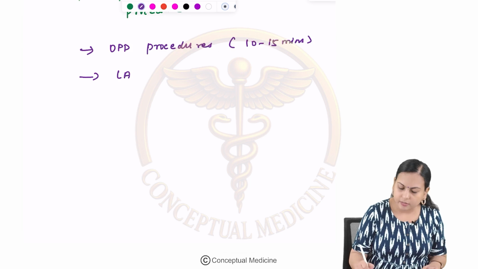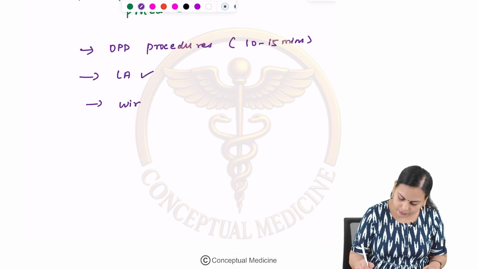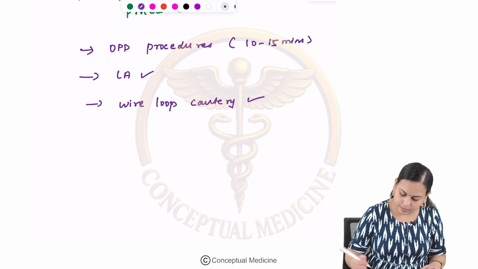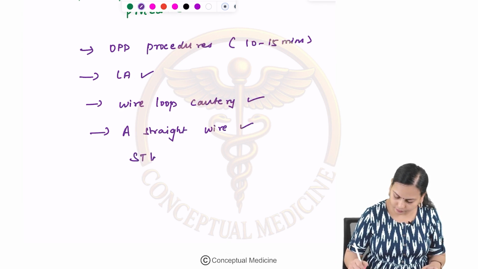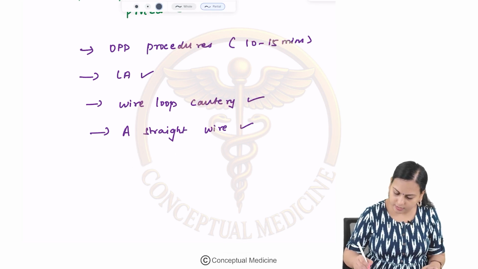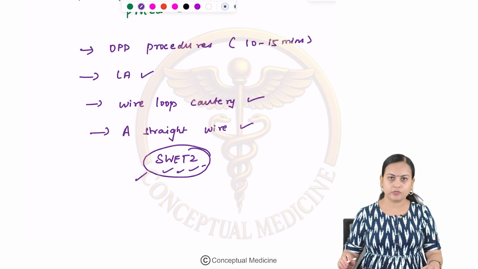If needed, you can give local anesthesia also, and we will use a wire loop cautery. A straight wire can also be used, that will be known as SWETZ, that means straight wire excision of transformation zone.